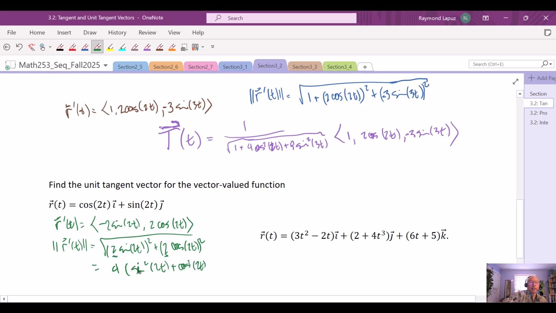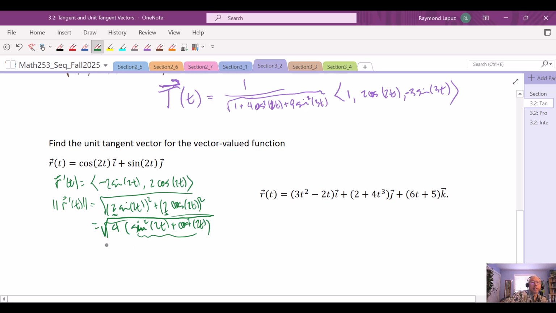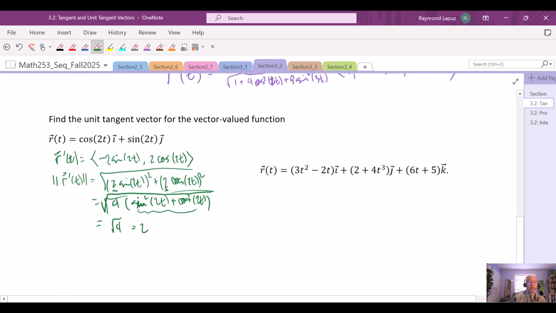So we have the same arguments for the sine and cosine, and they're being squared, and so we know that this whole thing is going to equal 1, and we get the square root of 4, which is equal to 2. So conveniently, the magnitude of our derivative is just a constant, which may or may not happen a lot.